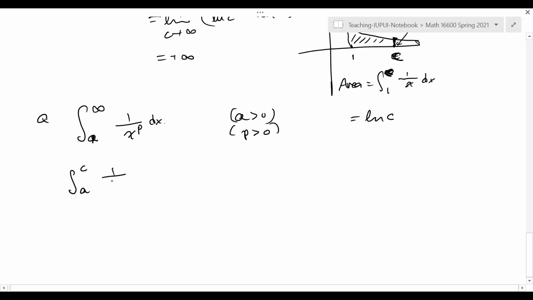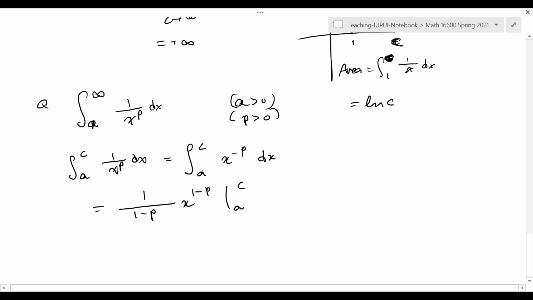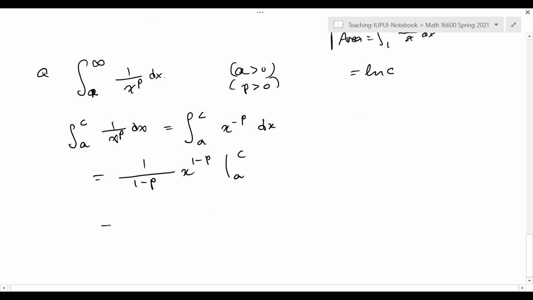So we take a look at this integral, x to the negative p dx. The antiderivative is 1 over 1 minus p times x to the 1 minus p, and evaluate at the two endpoints. Just plug in c.